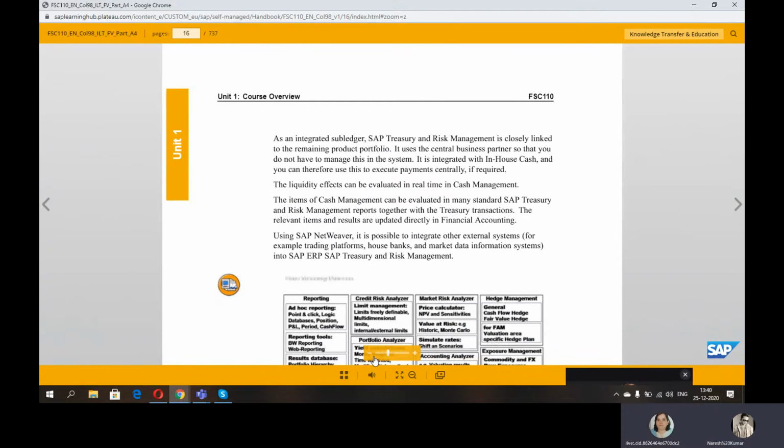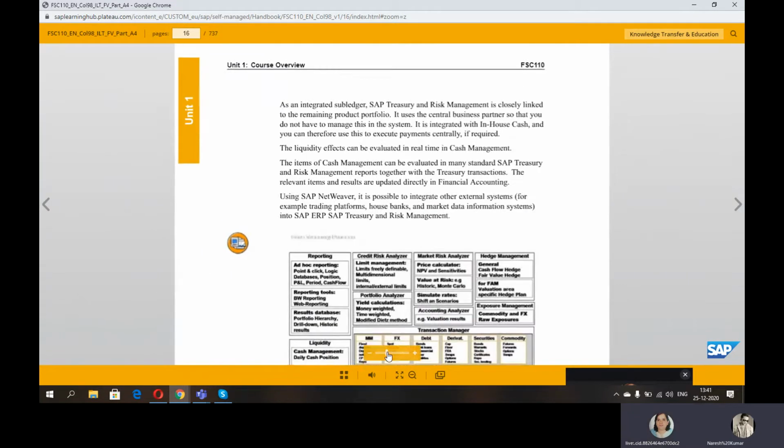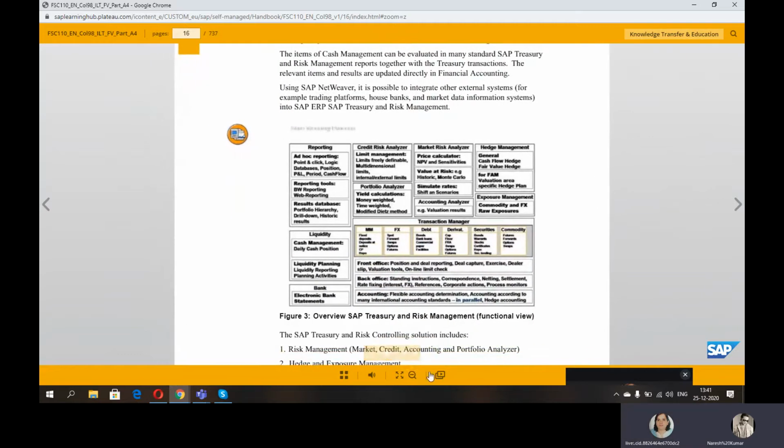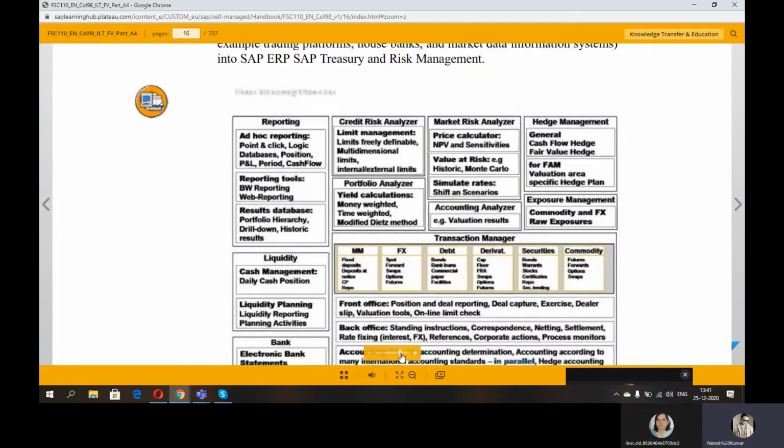So, as integrated with the subledger, now it is business partner. But integrated with subledger, this is currently based on the ECC process, ECC 6. What will happen for the trading platforms, house banks and market data information, how the treasury and risk management functionalities are going on, based on this area.